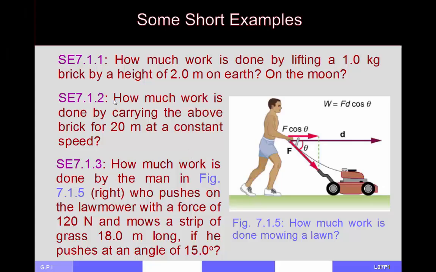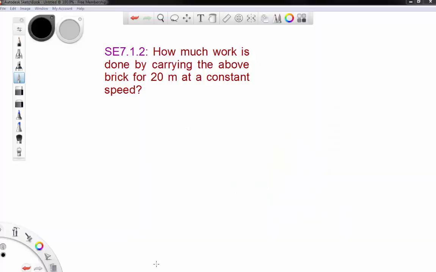Next example: how much work is done by carrying the above brick for 20 meters at a constant speed? Okay, so to do that example, let's think about what is involved in carrying the brick at a constant speed. If you're carrying at a constant speed, that means no acceleration.